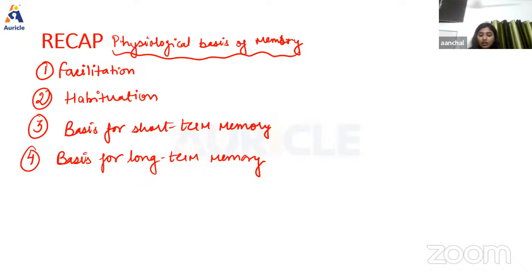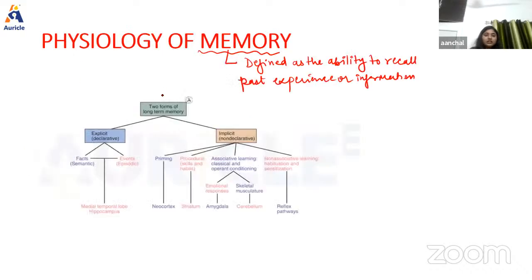Now coming to the classification. As we can see, there are two important forms of memory. The first is explicit and the second is implicit. So what is explicit? Explicit is defined as the memory that involves conscious recollection of past experiences. Okay, again I'm repeating, conscious recollection of past experiences.